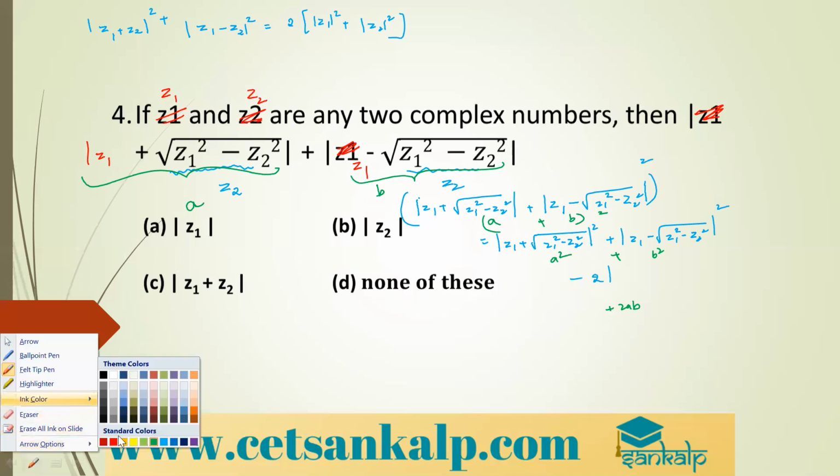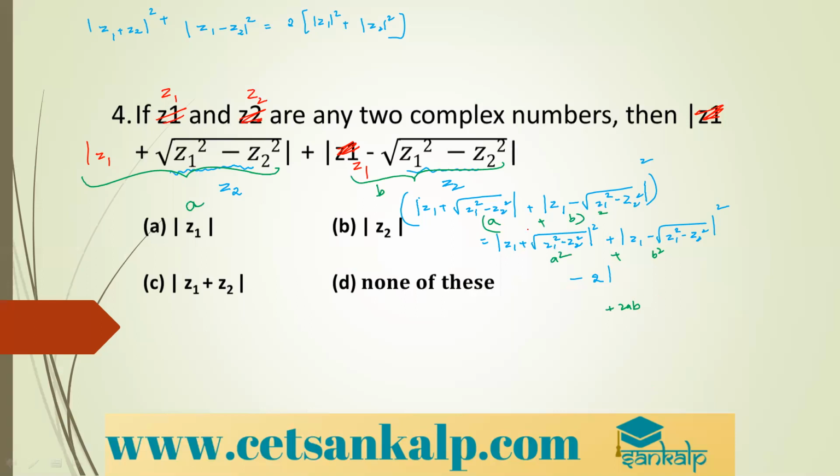There I stopped. So what is A and what is B? This is A, this is B. I have to multiply A and B, 2AB. So when I multiply, this is actually looking like A plus B into A minus B. So this is actually A square minus B square.